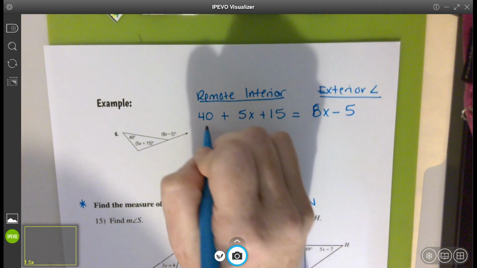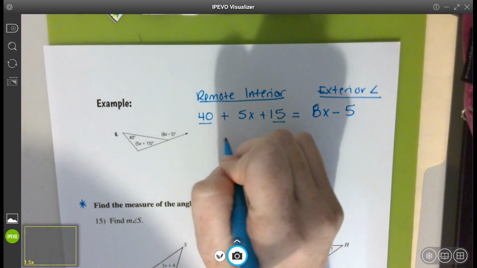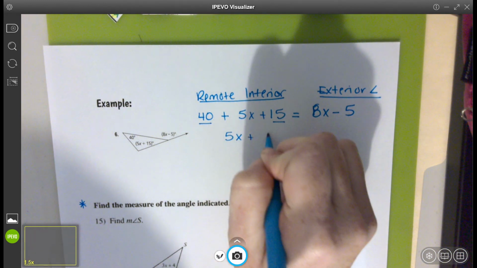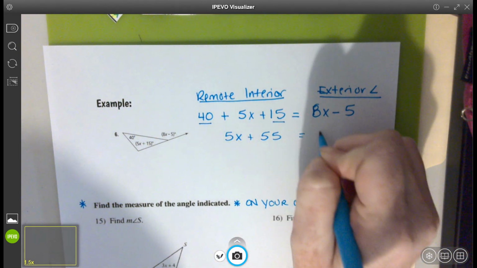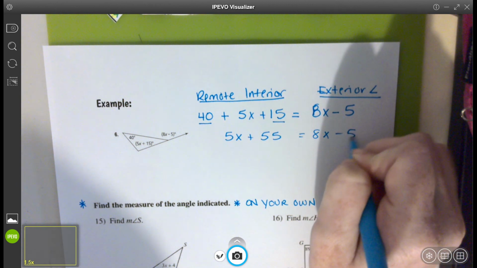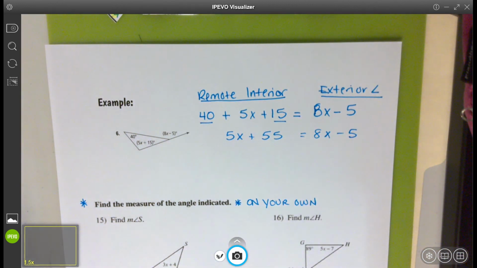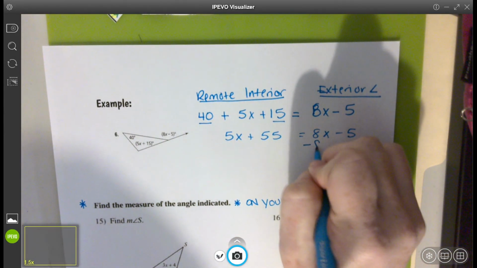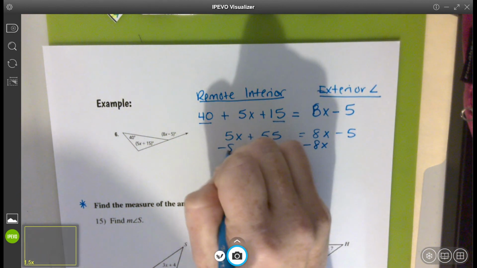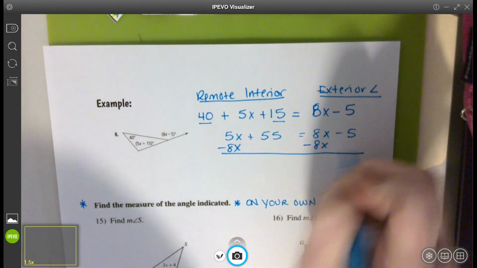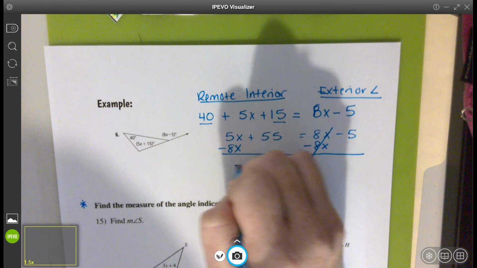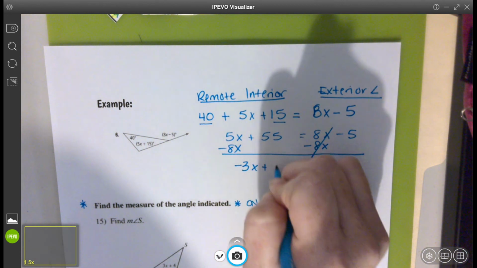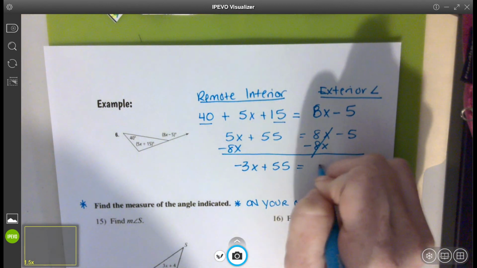So then we're going to simplify. We're going to combine our like terms. So I have 5x plus 55 equals 8x minus 5. Now, how do we solve this equation? I'm going to keep the variable on the left-hand side. So to do that, I am going to subtract 8x from both sides. So here I have negative 3x plus 55 equals negative 5.